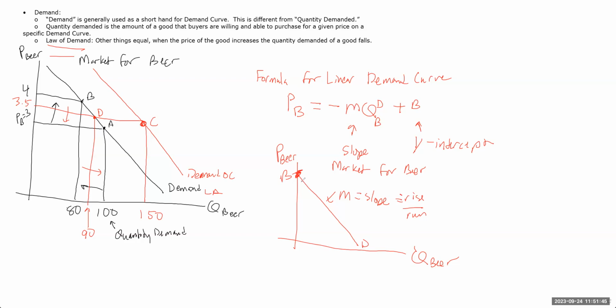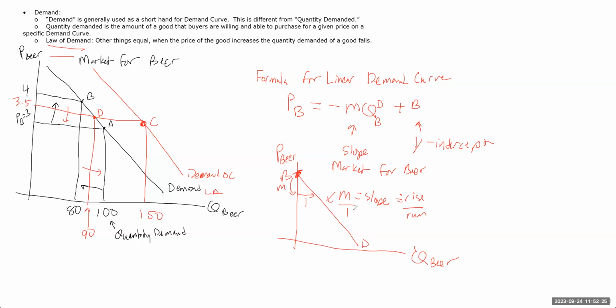So for every M unit fall in price, we have a 1 unit increase in the quantity of beer, because M over 1 is equal to M. Or for every 1 unit decrease in the quantity of beers, you have an M increase in the price.